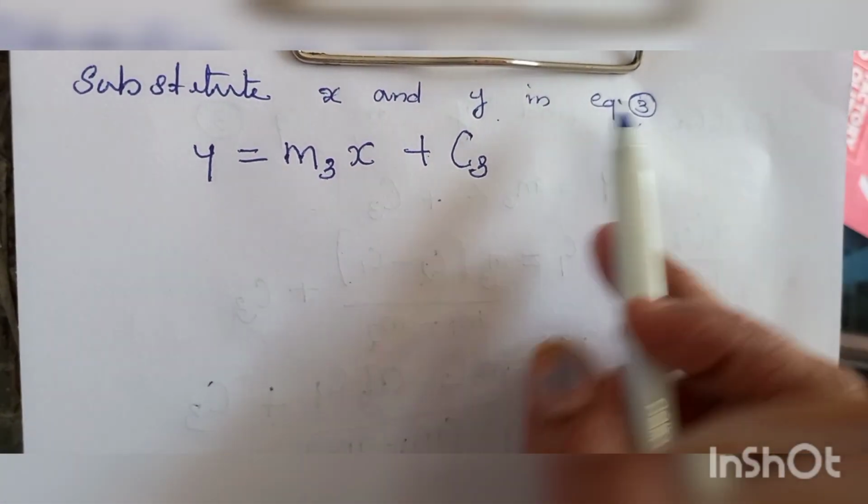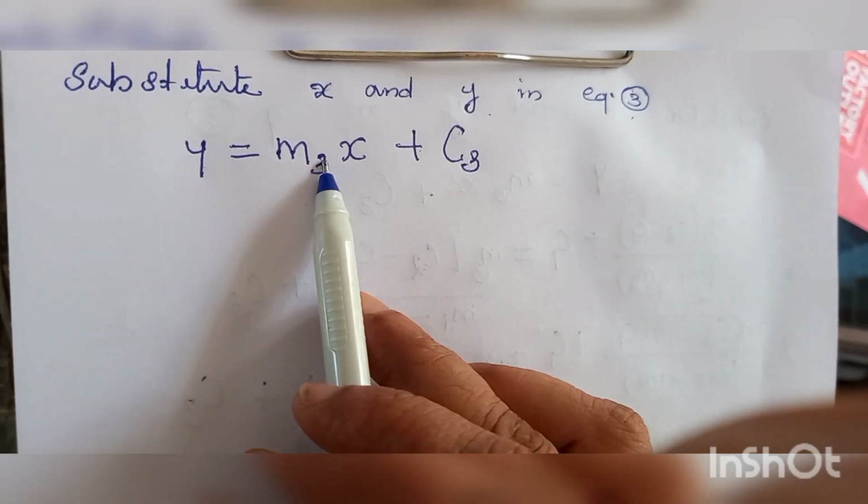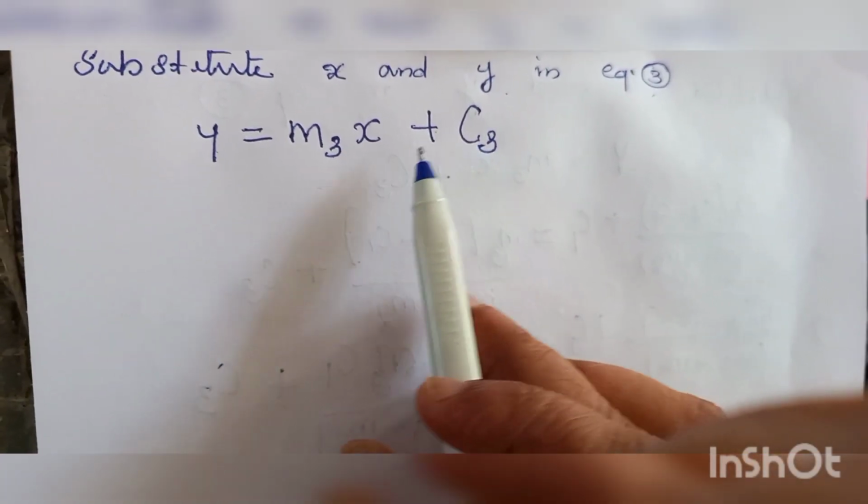What is equation 3? Equation 3 is y is equal to m3x plus c3. This is equation 3.